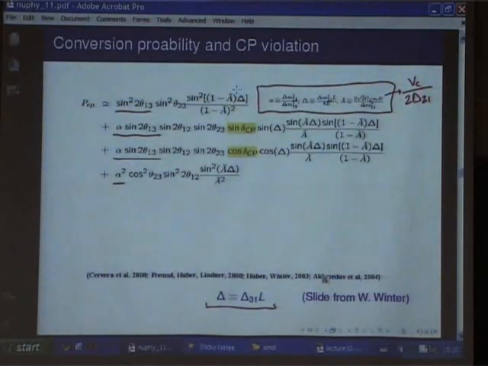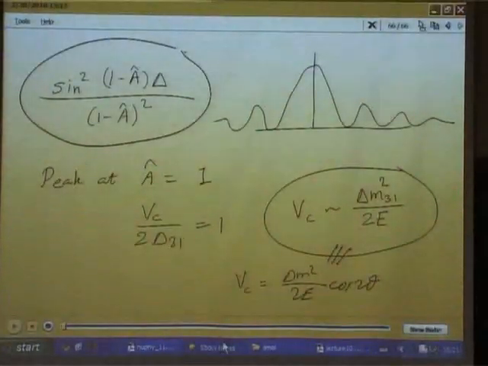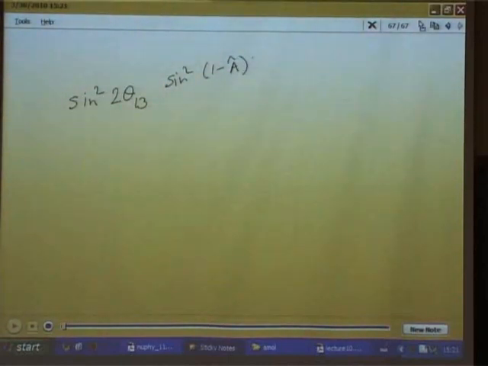Not exactly, but we'll see. It's some numbers. We have sin square theta 13 times sin square of (1 minus a hat) delta over (1 minus a hat) square.